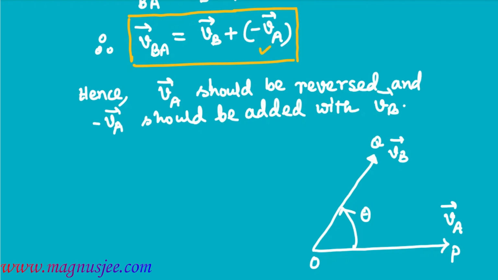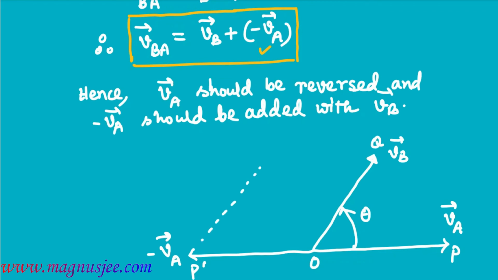That means the velocity of the body A should be reversed. So along OP prime, minus vector VA is acting. Now we have to add vector VB and minus vector VA.